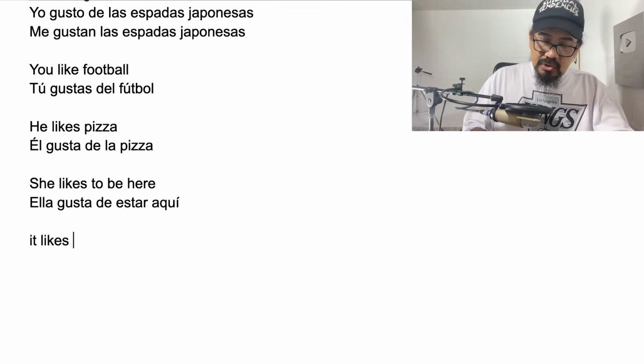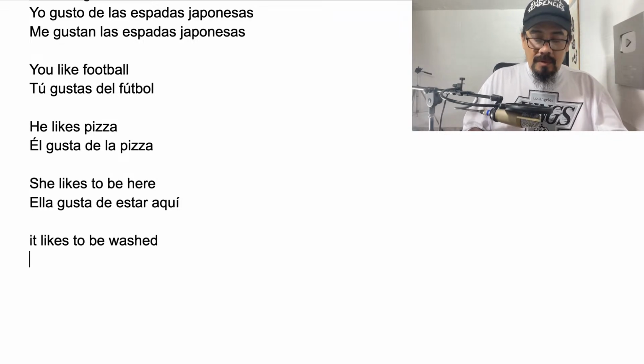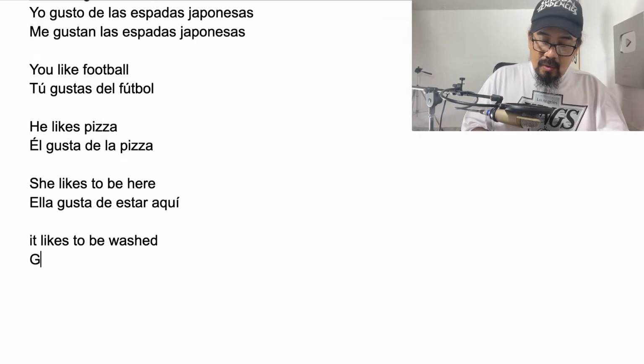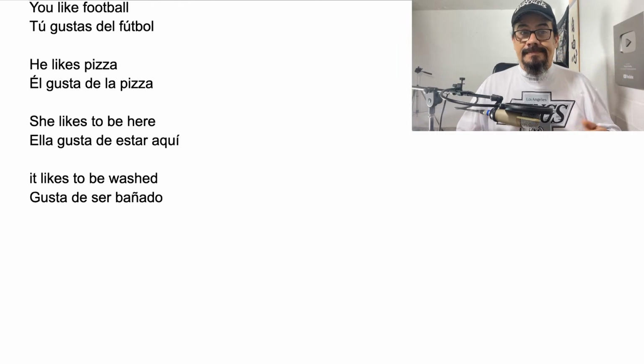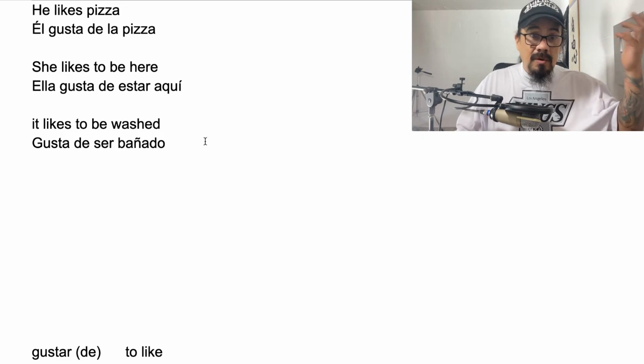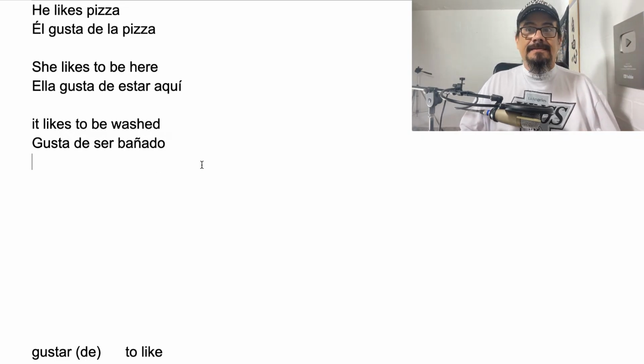It likes to be washed: gusta de ser bañado. Say an elephant, it likes to be washed, to be bathed, right?